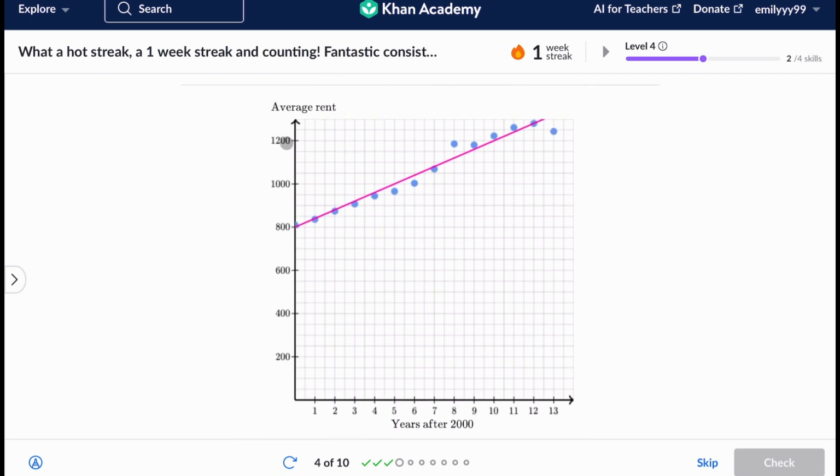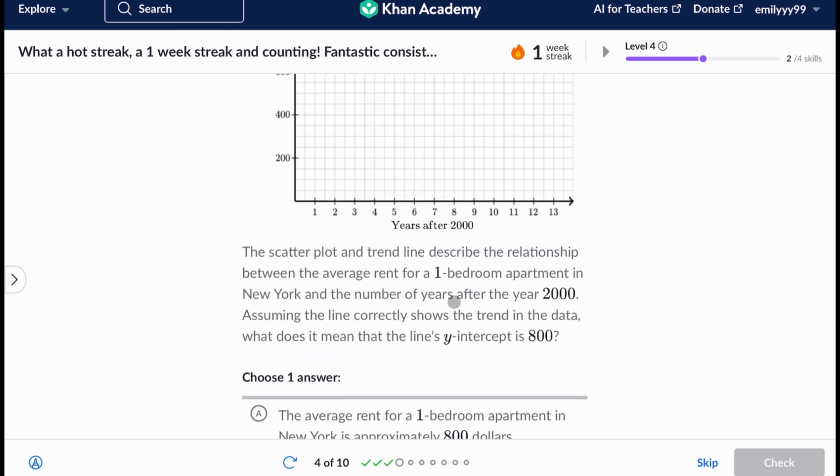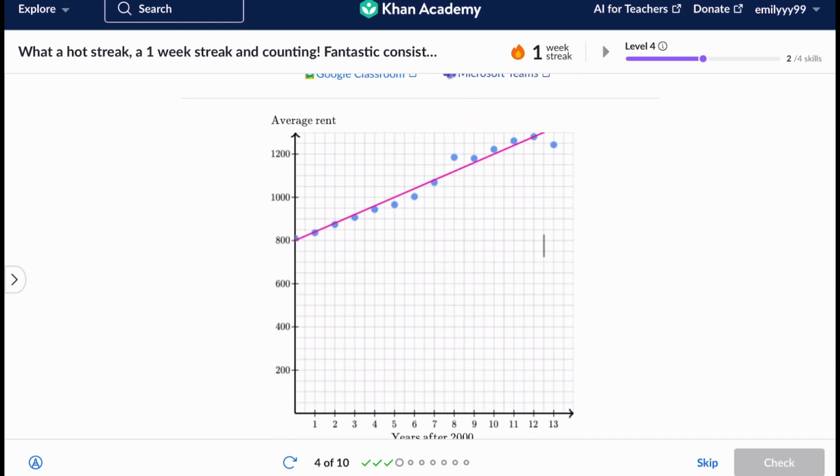So the y-axis is average rent and the x-axis is years after 2000. So, for example, I guess in 2001, the average rent was around $850. And so it's asking us what is the y-intercept.